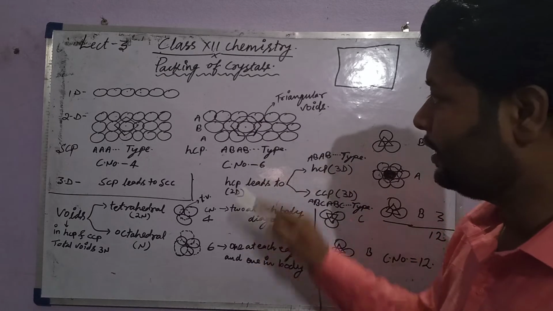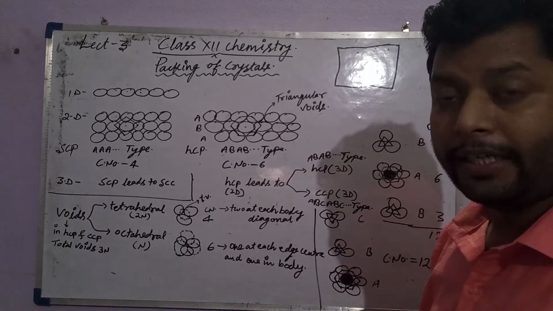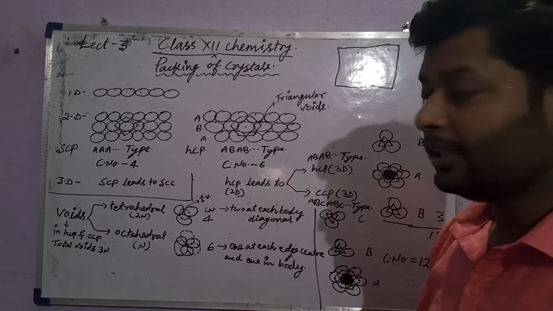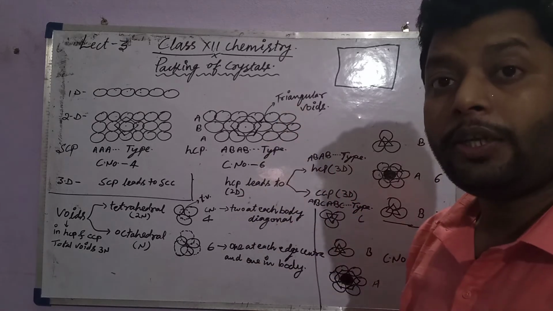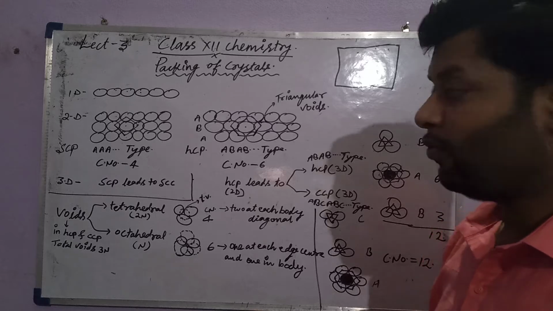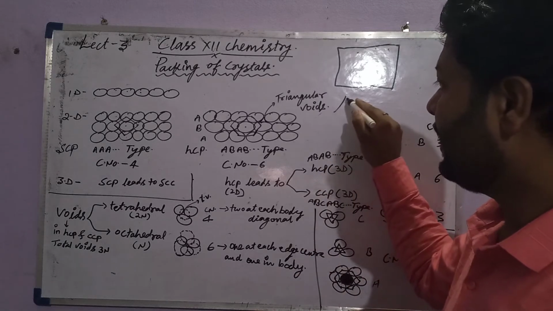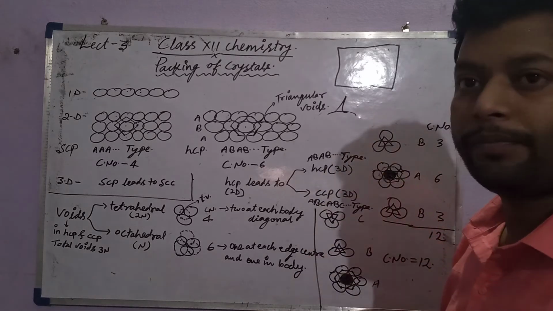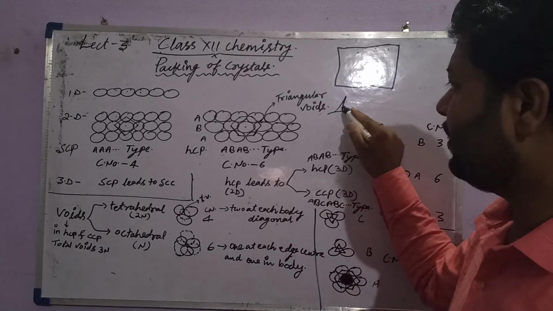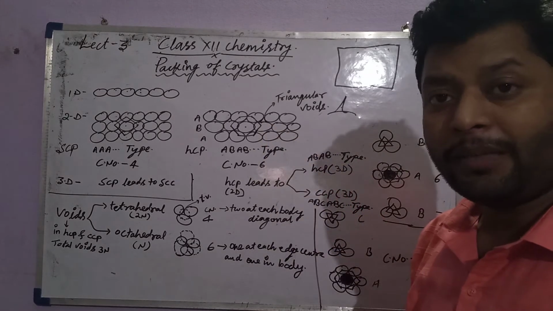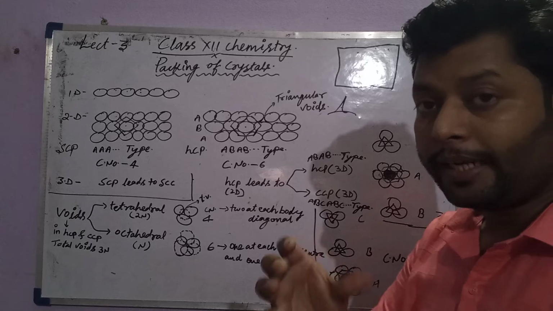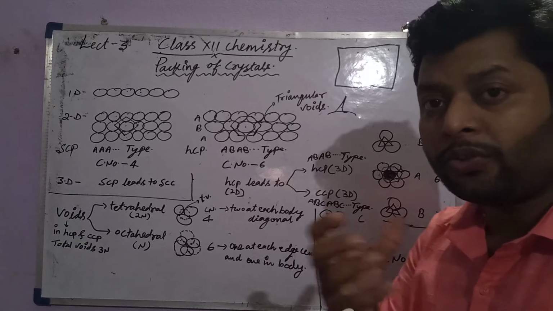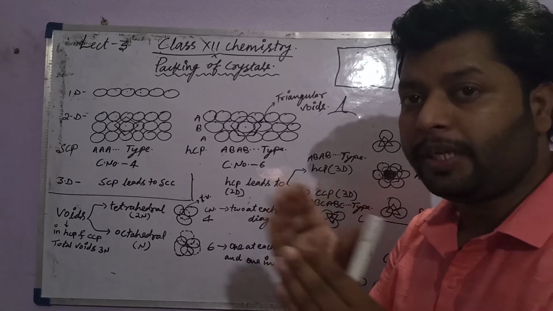So the structure has a coordination number of 6. In this situation, the voids generated among the particles are called triangular voids. The voids are like this. These triangular voids are generated because the second row, third row, fourth row and so on are shifted.